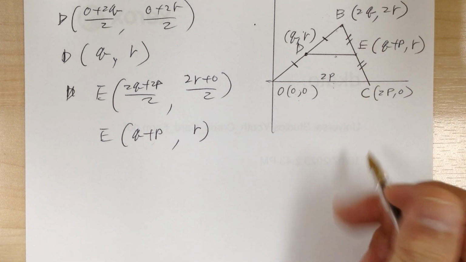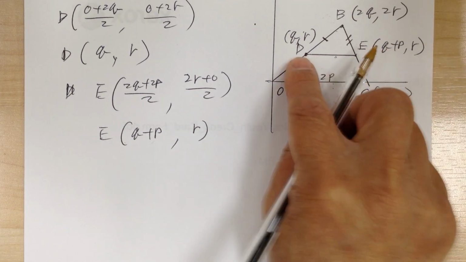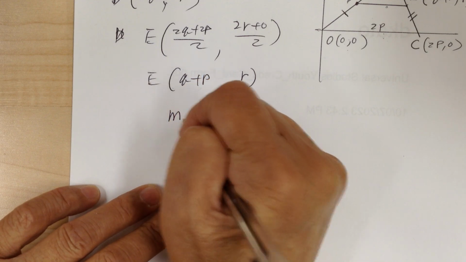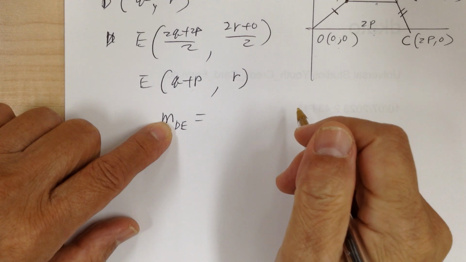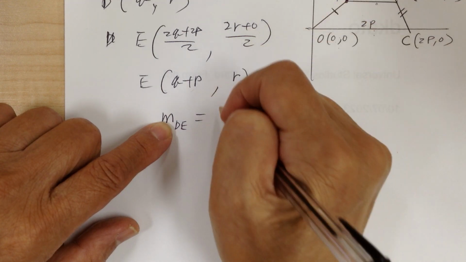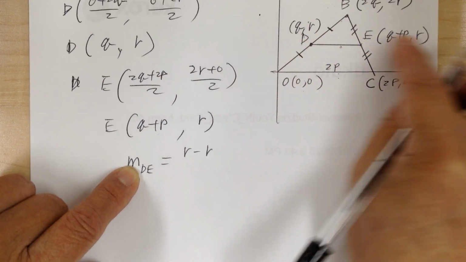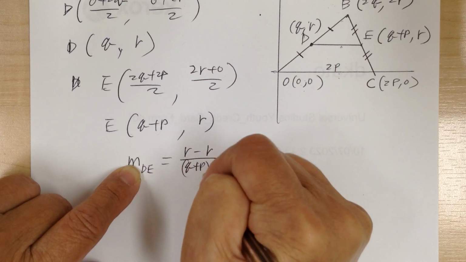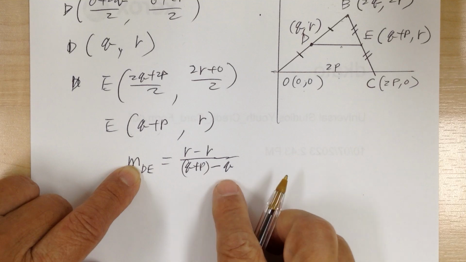First, you want to prove they are parallel. For parallel, notice the slope equals 0. The slope of DE, remember how to find slope, is y2 minus y1 over x2 minus x1.